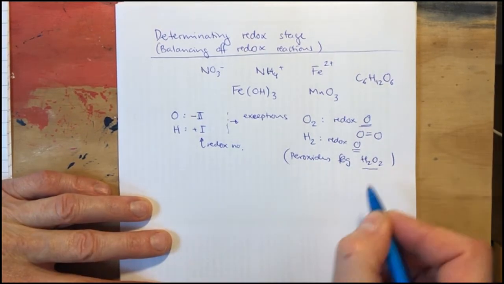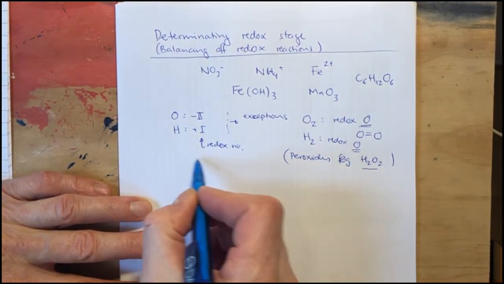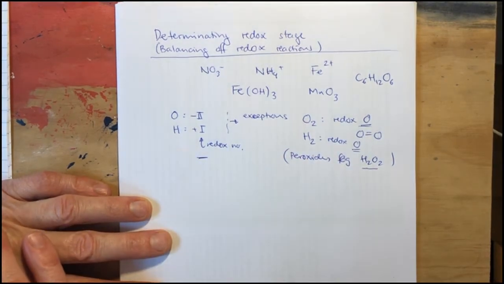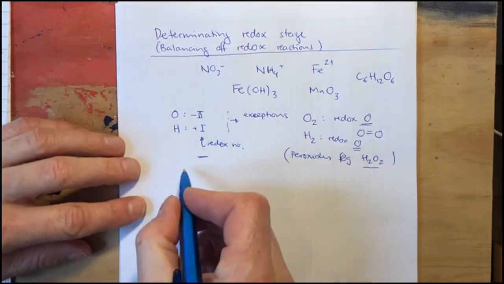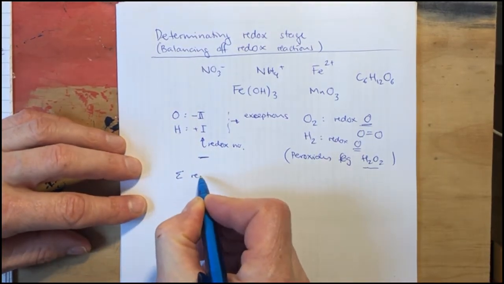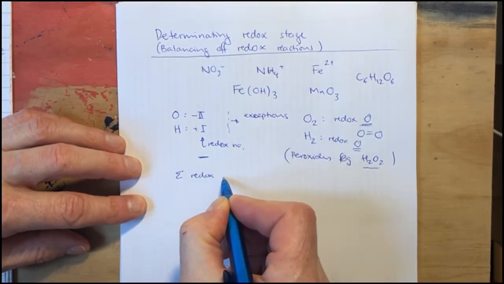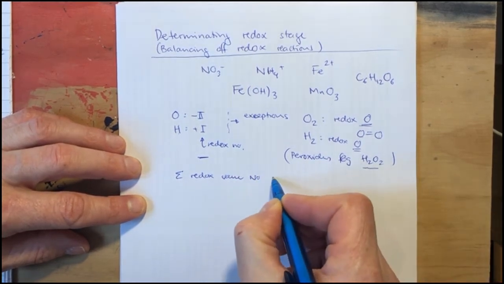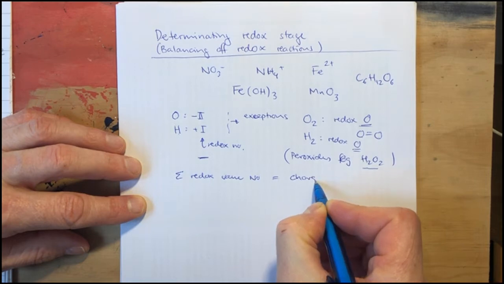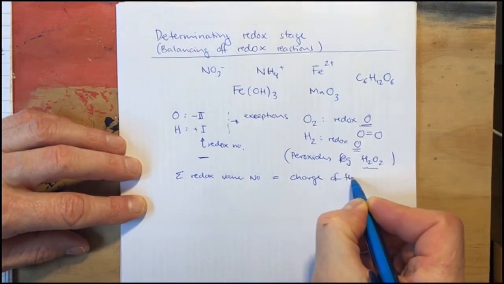That's also slightly different. But apart from that, these are the redox numbers associated with oxygen and hydrogen. And then the rule is that the sum of redox numbers equals the charge of the molecule.